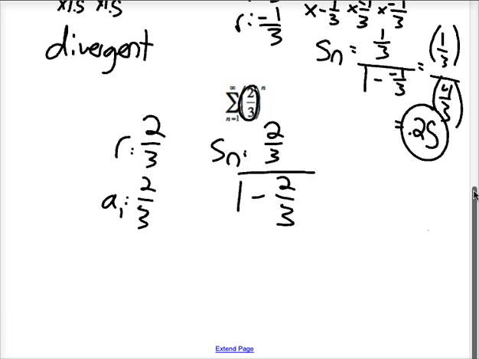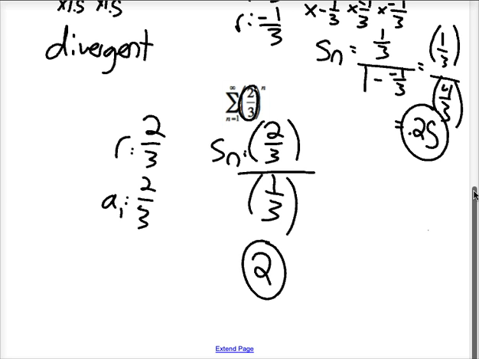All right. Well, 1 minus 2/3. So 3/3 minus 2/3. On the bottom, hopefully you can see how we get 1/3 there. And again, when you're dividing these, make sure you're using parentheses. So 2/3 divided by 1/3. The series will converge on 2. Okay, that's what its infinite sum will be.